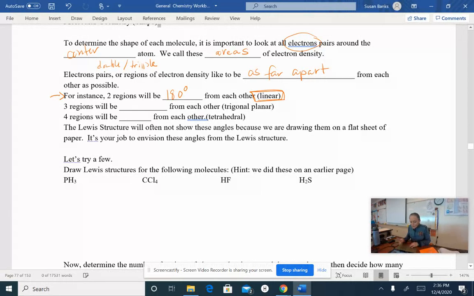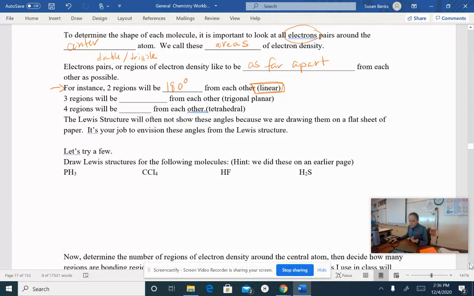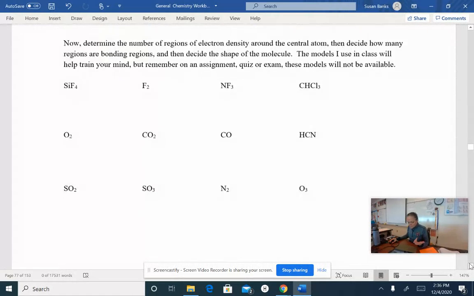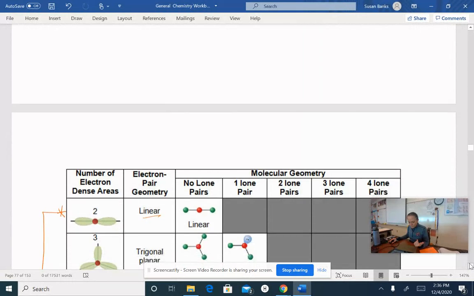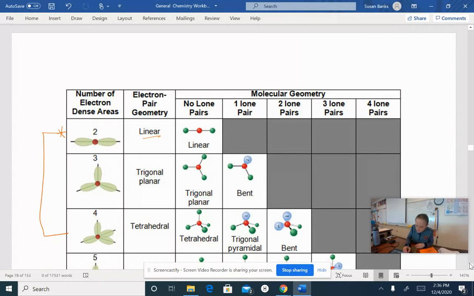If I have three regions around that center atom, I'm going to have trigonal planar. It's like an equilateral triangle. If I go from point to point to point, I have a nice flat equilateral triangle that is all in one plane.